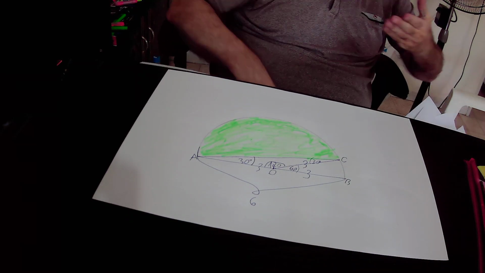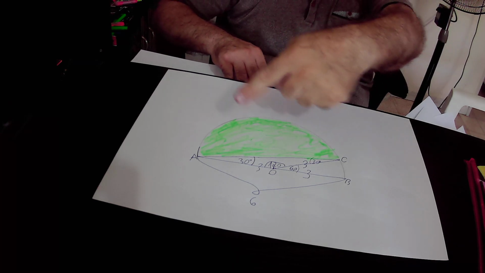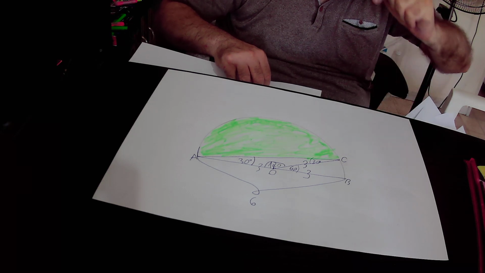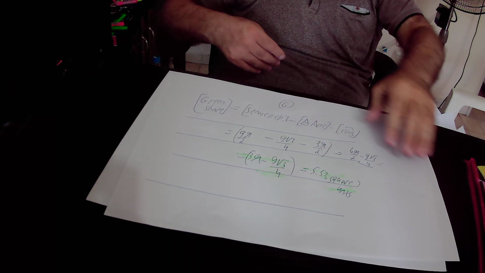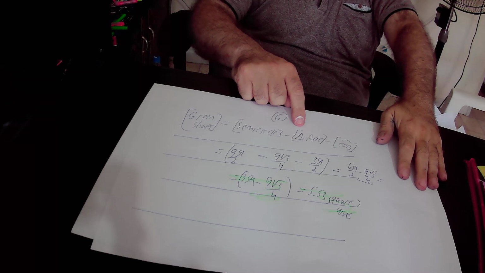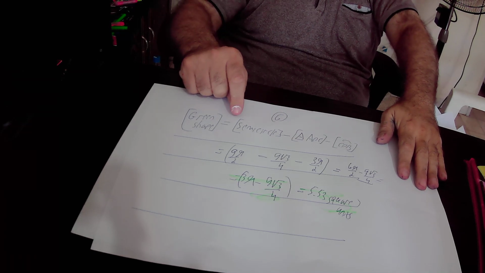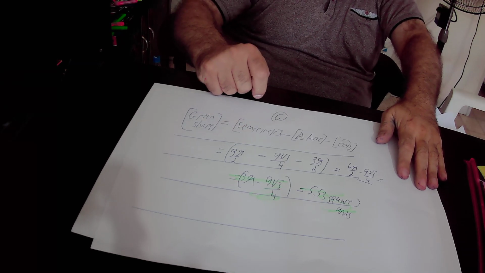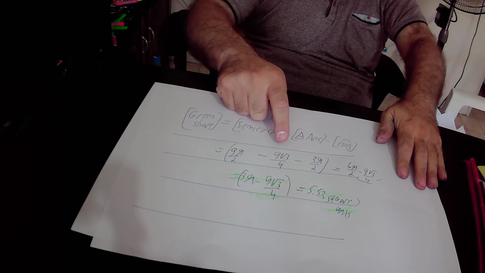But according to the formula that I presented to you, the area of the green shape equals the area of the semicircle minus the area of triangle AOC minus the area of sector COB. We have already found out that the area of the semicircle equals 9 pi over 2 square units. The area of triangle AOC equals 9 times root of 3 over 4 square units.